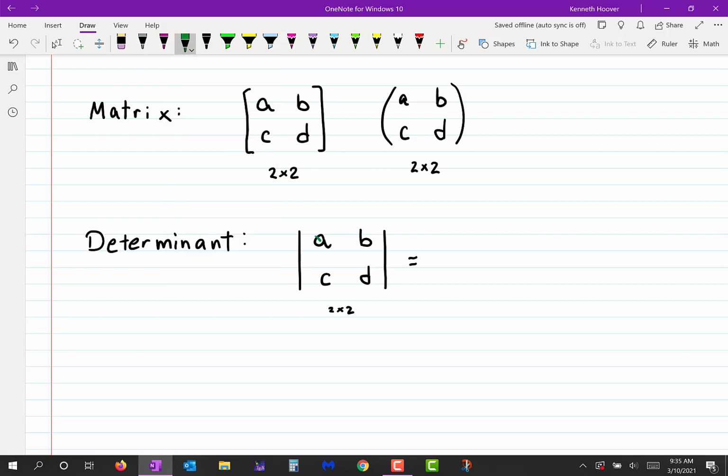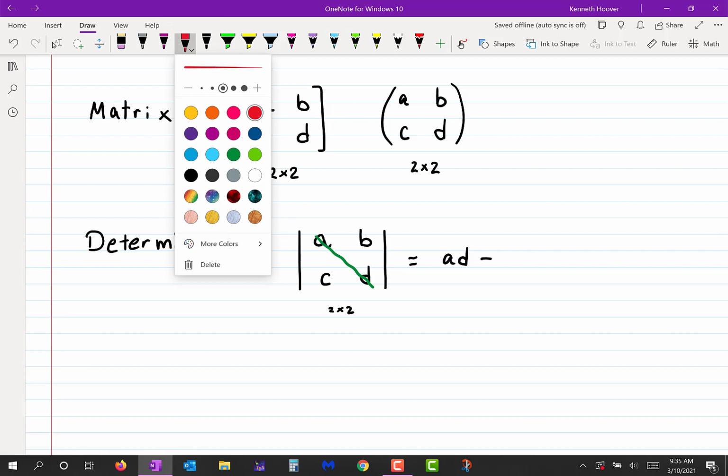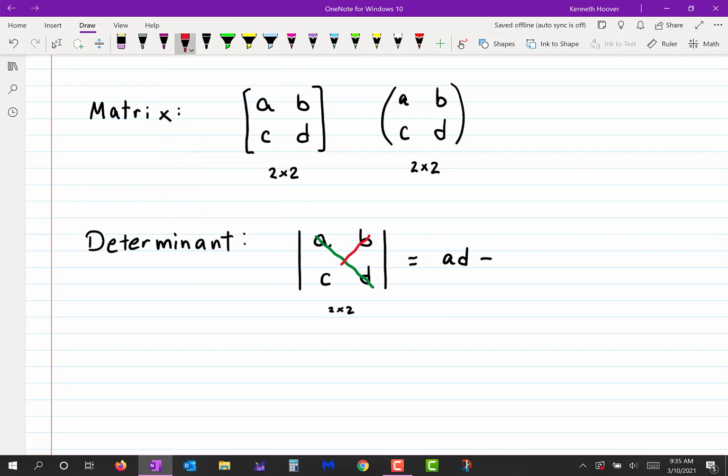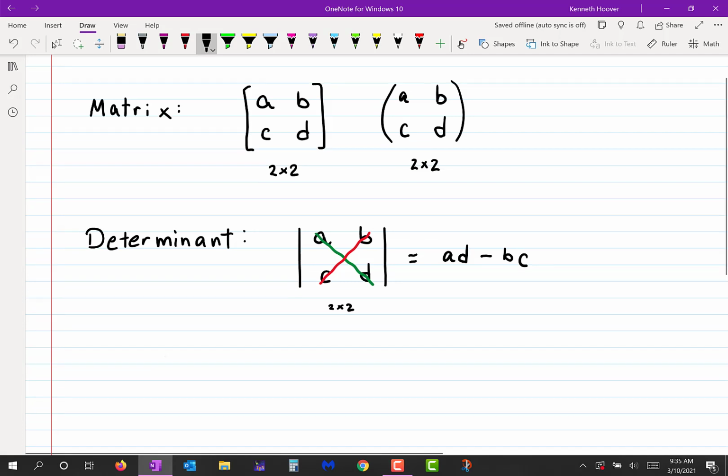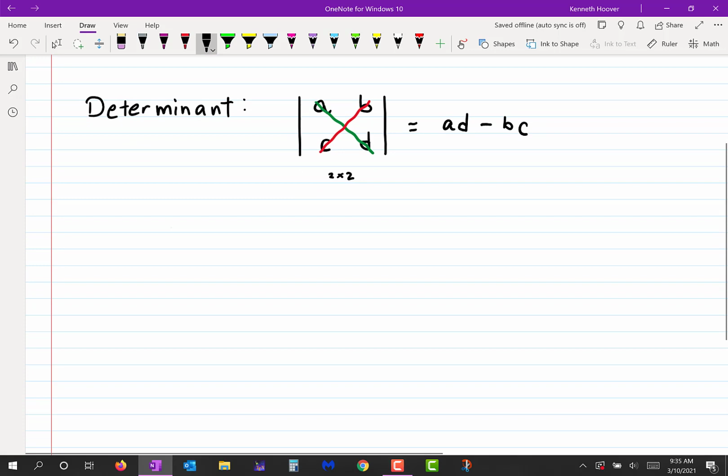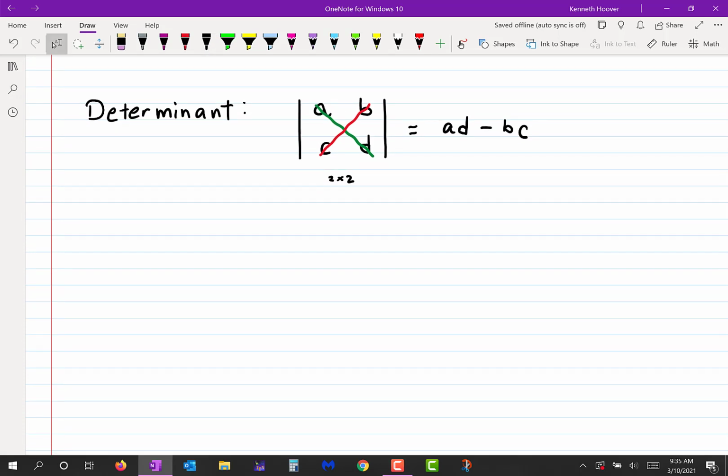You multiply these two, A times D, and then subtract, and then you multiply those two, B times C. That's called the determinant of a 2 by 2 matrix. Okay, now let me show you how to do the determinant of a 3 by 3 matrix.